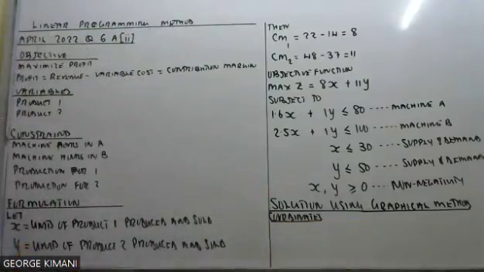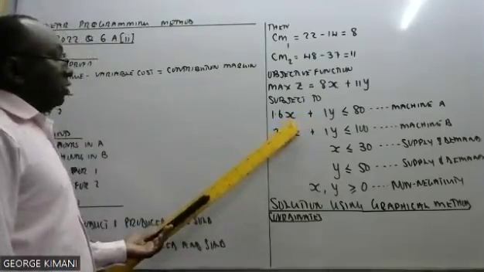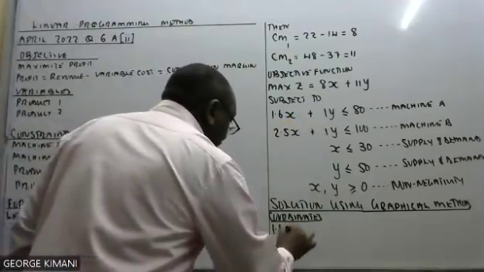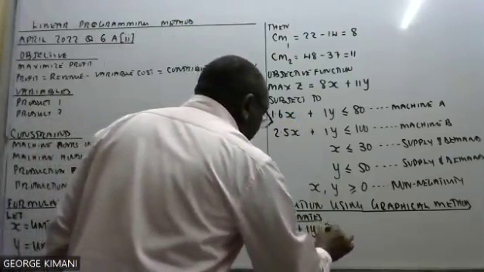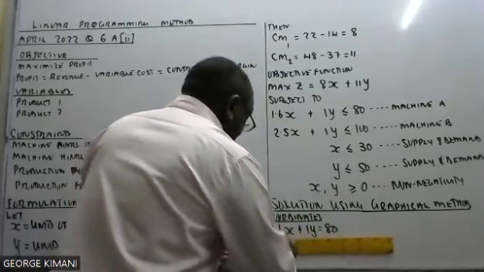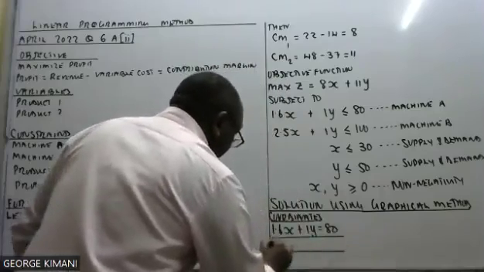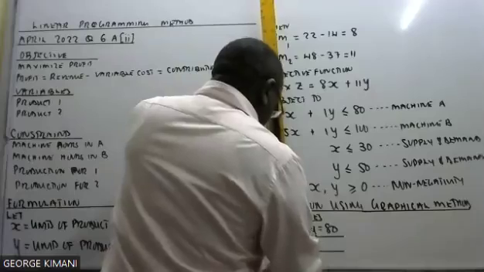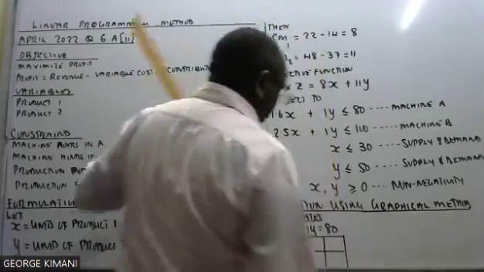For this equation, 1.6x plus 1y is equal to 80, you draw two lines. This is x here and this is y.